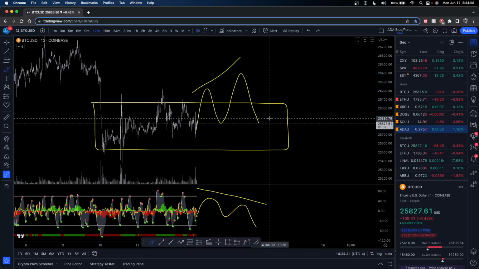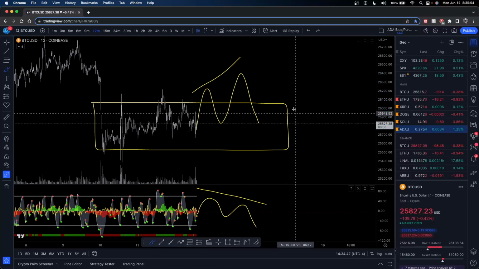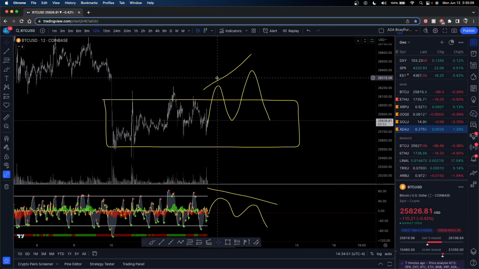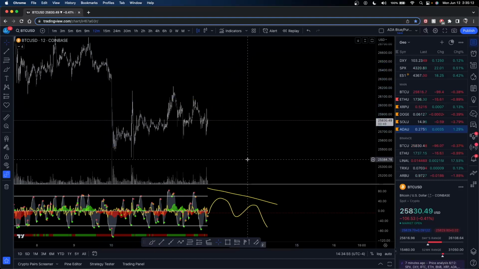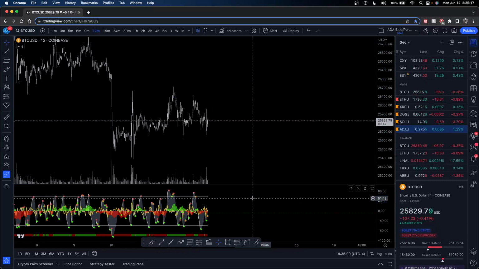Now, I say likely because divergences don't always play out with single humps the way that I drew here. And depending on your time frame as well, it can get a little bit crazy. So I'm going to try to help clarify what you should be looking for, how you should be trading divergences, and really how you can use them to enter.